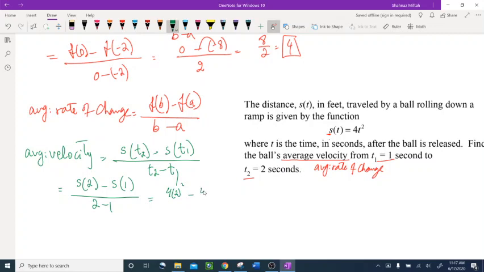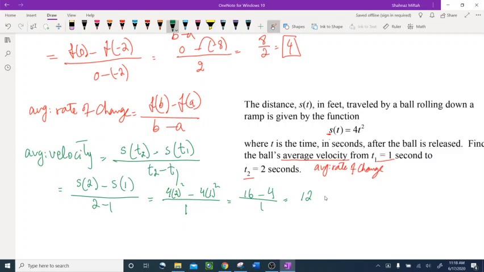And then I have 4 times 1 squared, which is 4. So it's 16 minus 4 over 1, and 16 subtract 4 gives me 12. We don't have to write that 1 down there.